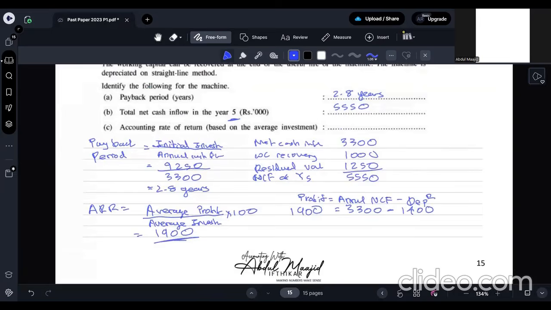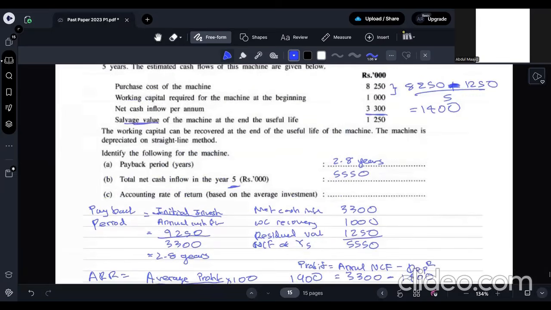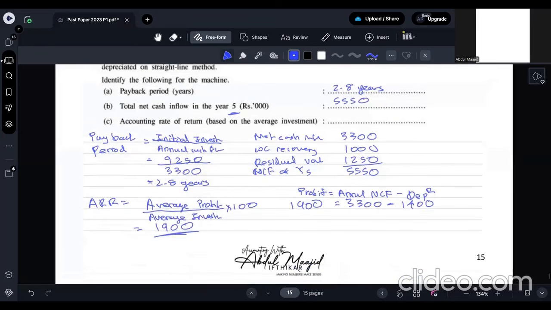And how do you find average investment? Average investment equals initial investment plus residual value divided by 2. Actually, here you should take only the initial value of the machine.